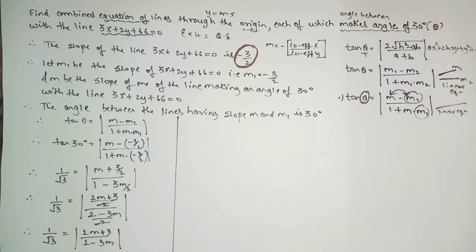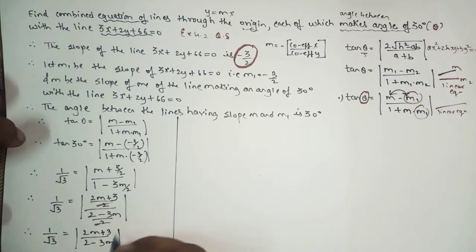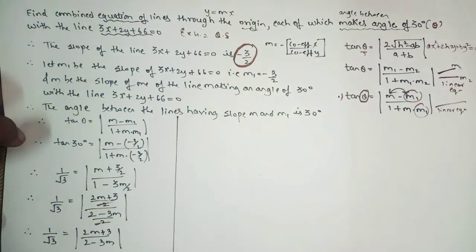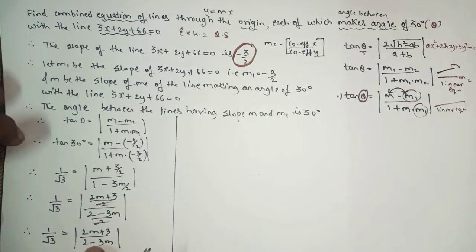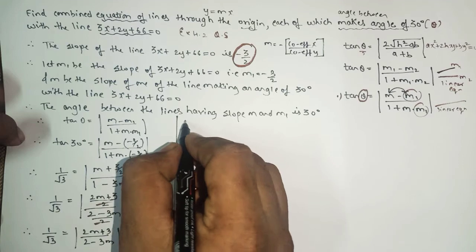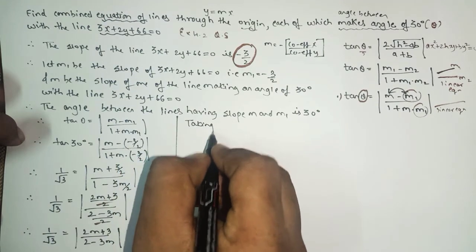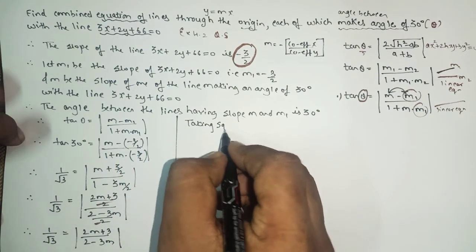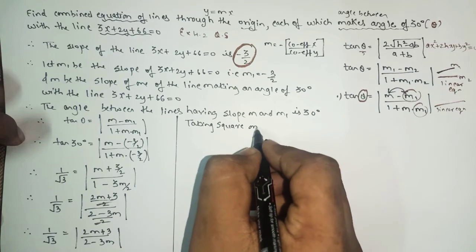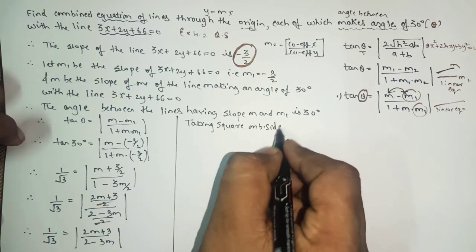Now, as we have to find the combined equation, and here we have the mod, after this we'll take the square on both sides.